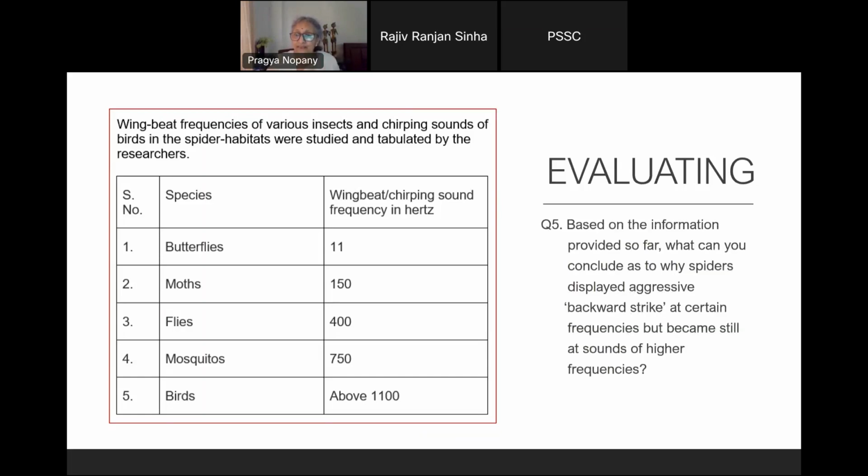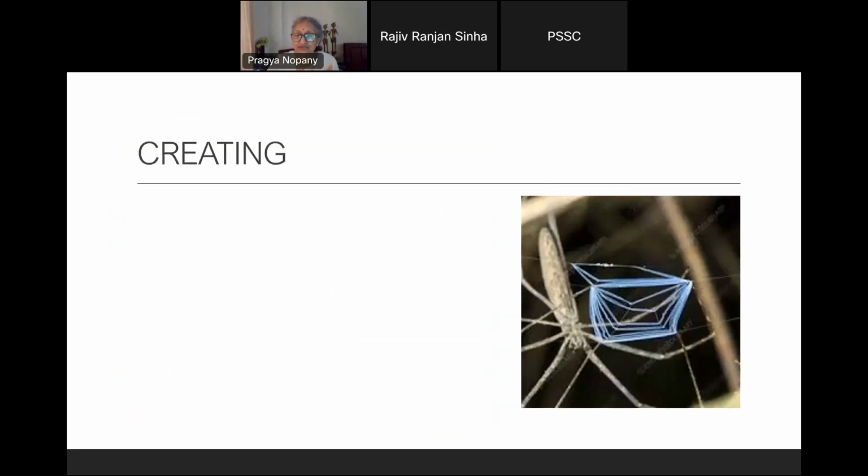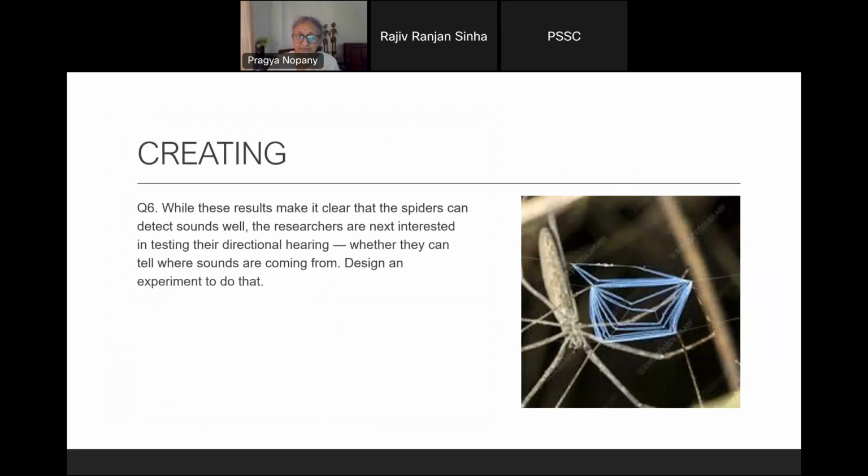And now, as the last question at the creating level, what are we giving? While these results make it clear that the spiders can detect the sounds well, the researchers are next interested in testing their directional hearing, whether they can tell where the sounds are coming from, which particular direction behind them.